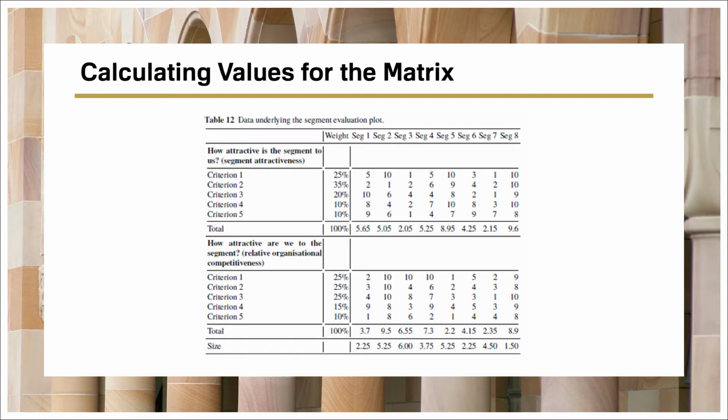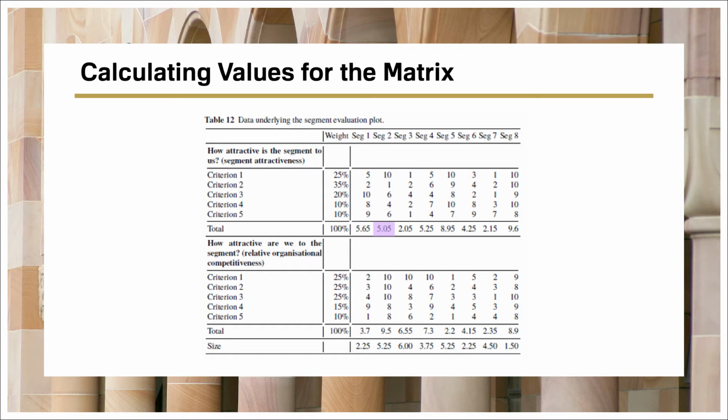If, for example, our criterion 1 is the number of times a product is purchased, and members of segment 2 purchase the product very frequently, they get the maximum value of 10. The weight for this criterion is 25%, so we calculate 10 times 0.25. We do that for all criteria. Then we add up the resulting values to arrive, in this example, at 5.05. We plot segment 2 at 5.05 along the x-axis.